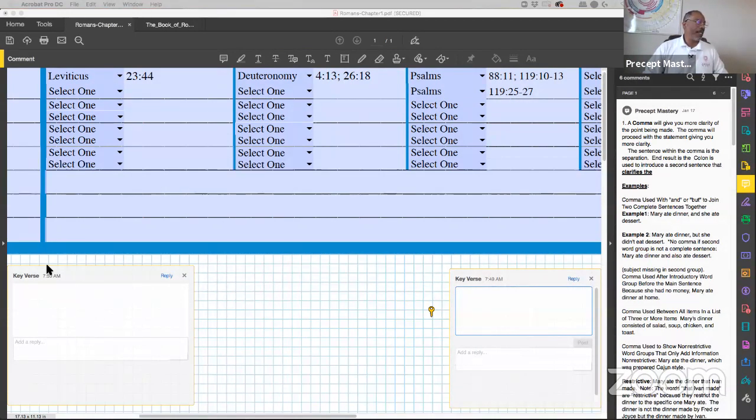So Psalms 88:11 says, shall thy loving kindness be declared in the grave? Because that's one I actually didn't use, but we had to add it in there. Or thy faithfulness in destruction? He's letting you know he didn't declare it there.